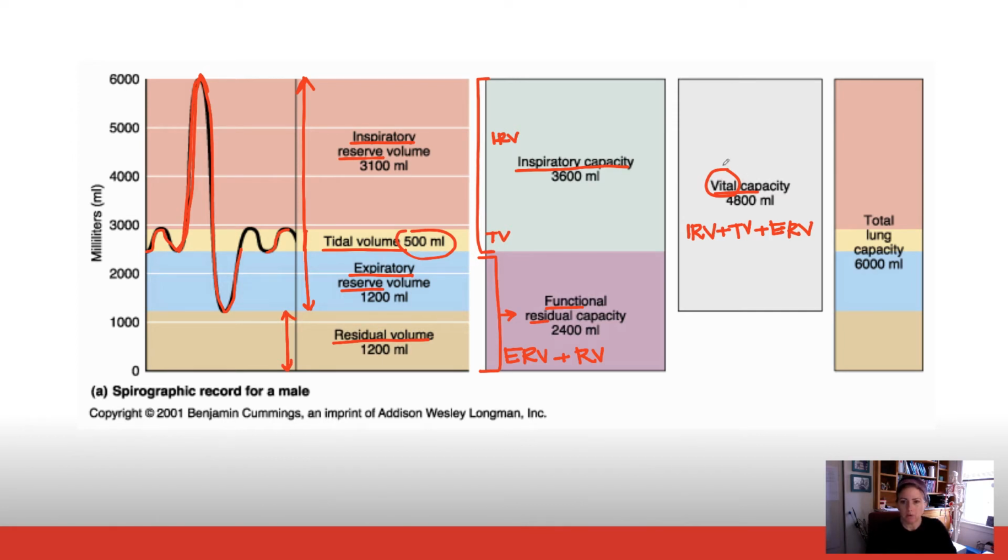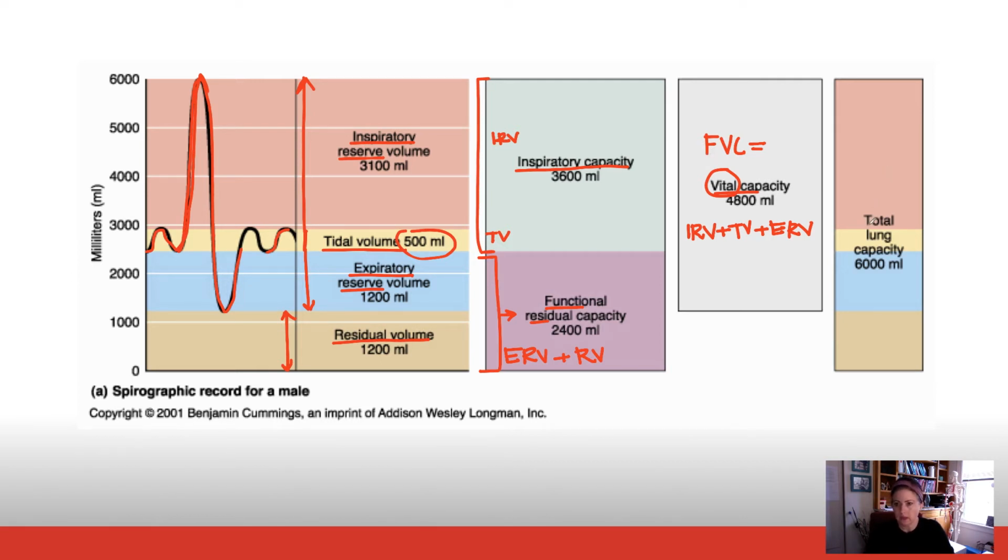This is going to play a role in another measurement I'm going to talk about in just a second called forced vital capacity. Okay? So we'll talk about that in just a second. So basically they're equal. I don't want you to get confused. Forced vital capacity and vital capacity are equal. The forced is just that you're doing it as quickly as possible.